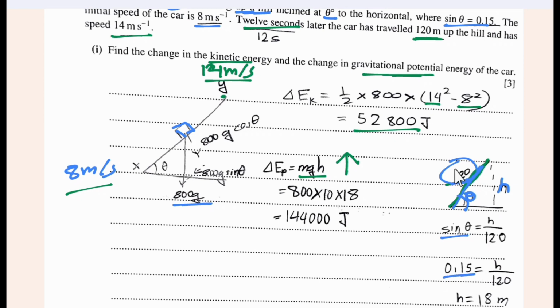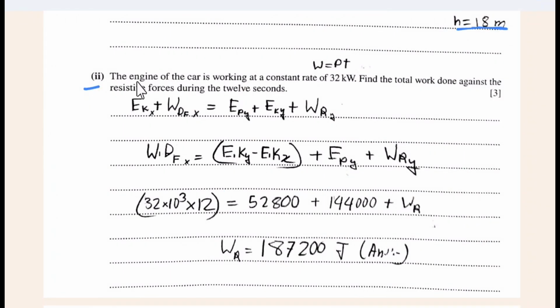And what is the value of sin theta? Sin theta is equal to 0.15, that we have been given, so we know the value of vertical height, so we can easily calculate the gravitational potential energy, that comes to be 144,000 joules.